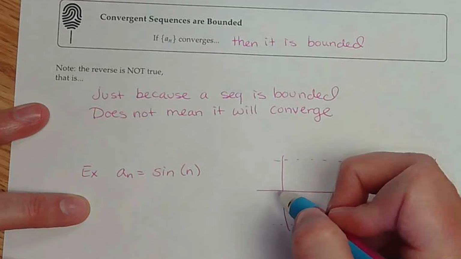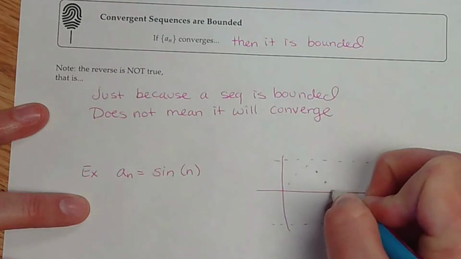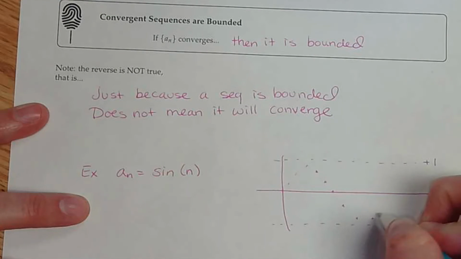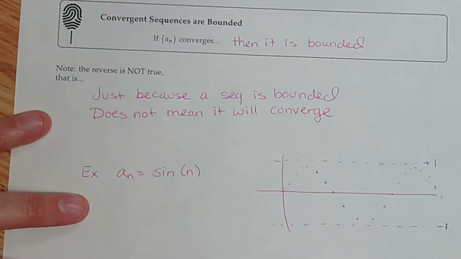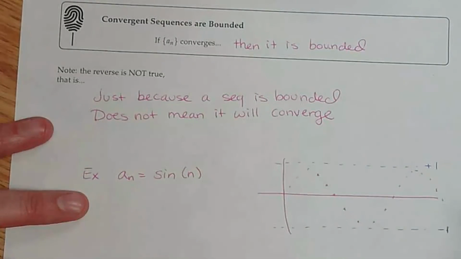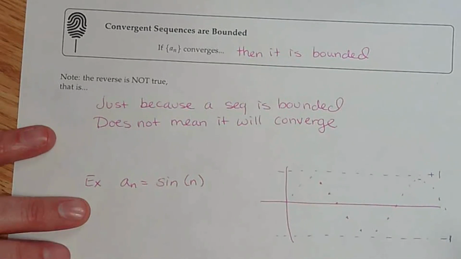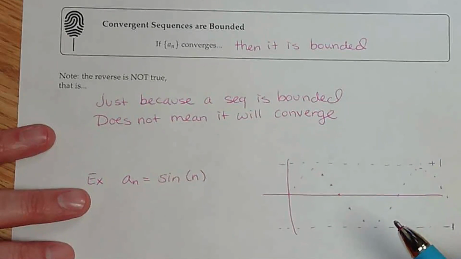If I look at sine, I can start putting these dots in for the sequence. It definitely is bounded both by -1 and +1, but this is never going to converge. The limit of sine does not exist. So just because it's bounded doesn't mean it will converge. However, the reverse is true. If it converges, we're guaranteed that it's bounded.